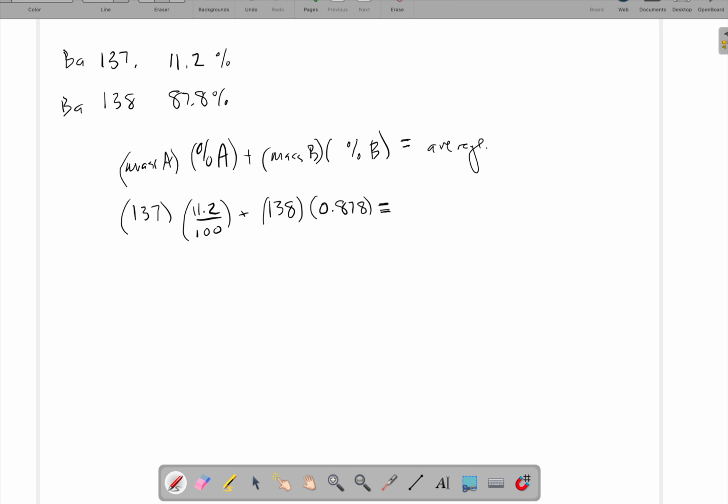Yep. A is 15.344. And B is 121.164. Close enough. Add them up. 136.